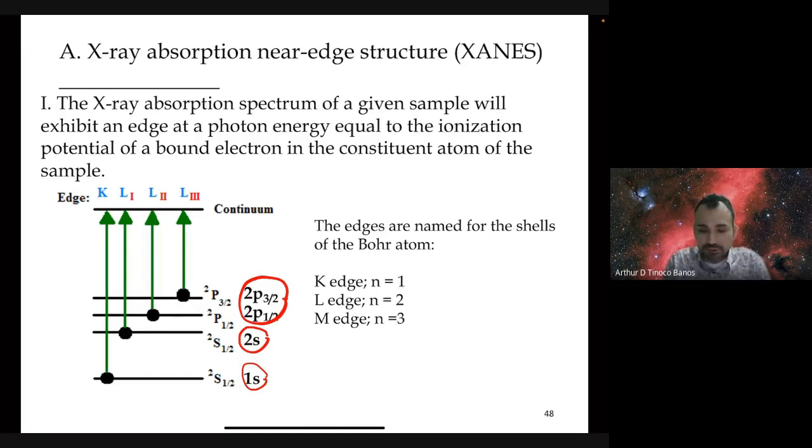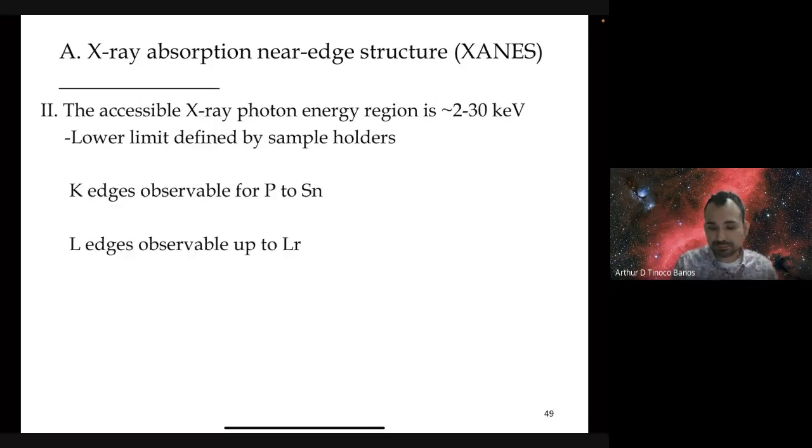The edges are named for the shells of the Bohr atom. For instance, the K edge corresponds to excitations from the shell n equals 1. The L edge corresponds to excitations from n equals 2. And then the M edge corresponds to n equals 3, right? So you're going to have differences in energy corresponding to where that electron is located.